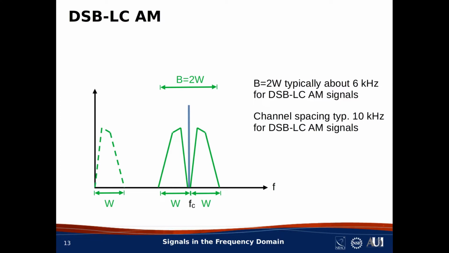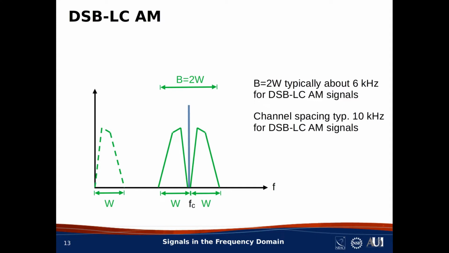And we see yet another copy of the audio spectrum, spectrally reversed, to the left of the carrier. We refer to these two copies of the audio spectrum as sidebands, and we say that DSBLC has upper and lower sidebands. These sidebands each have width W, so the overall bandwidth of the DSBLC signal is about 2W.